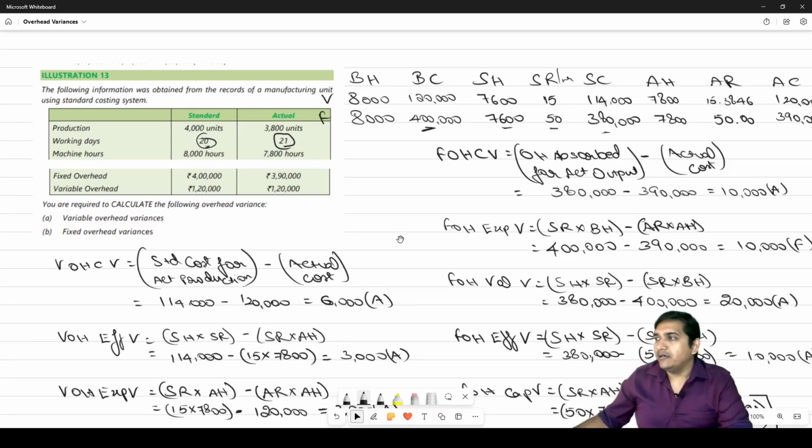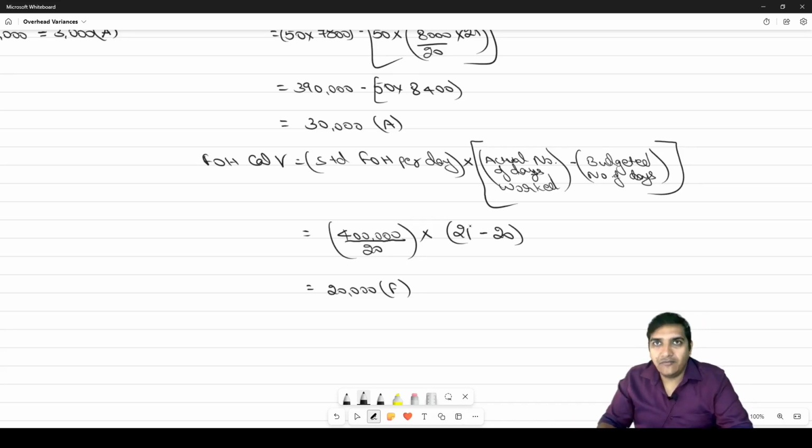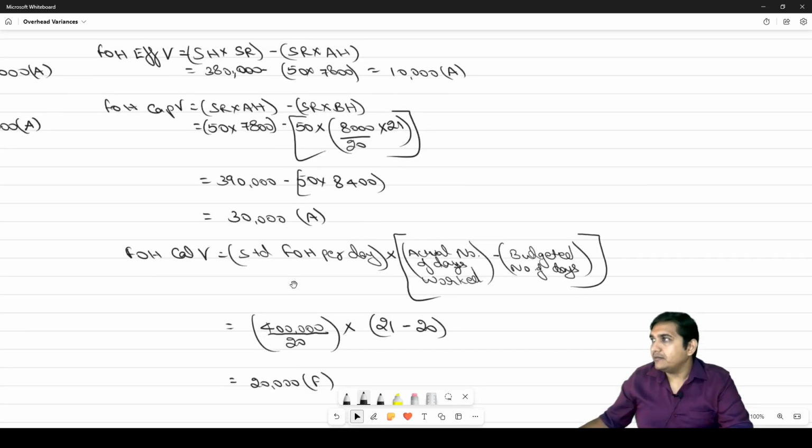So the difference of this will give us the calendar variance. So how much is 4 lakh divided by 20? We get 20,000, and this is favorable. Why? 20,000 into 1 will be 20,000, and we get positive, so it is favorable.